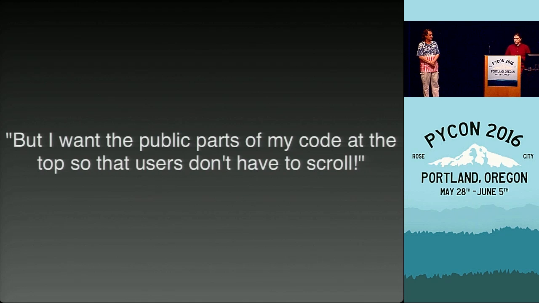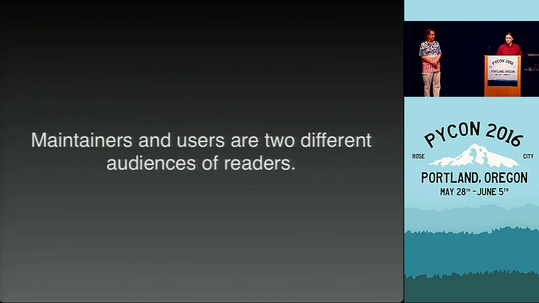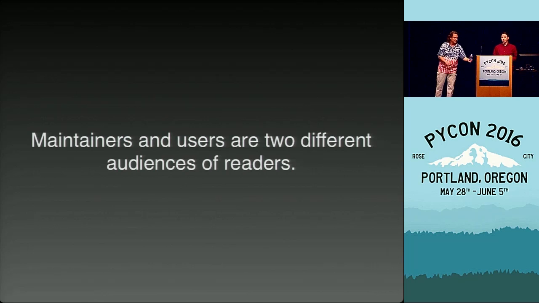That's an interesting frustration because the maintainers of your code and the users of your code are two very different audiences of readers. The maintainers have to be in the code. It's necessary for them to read and understand the code to do their job. The users probably don't actually want to read your internal source code. They're not interested in that. You can please all of the people some of the time, and this is not one of those times.